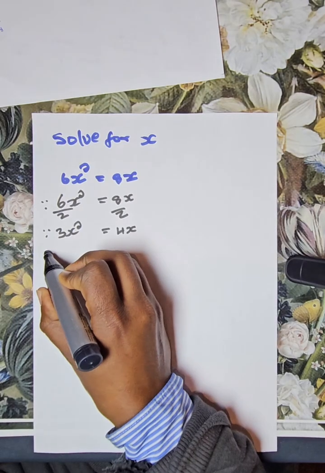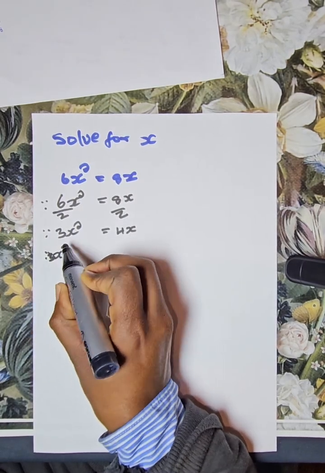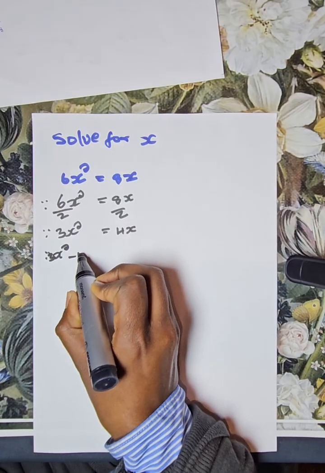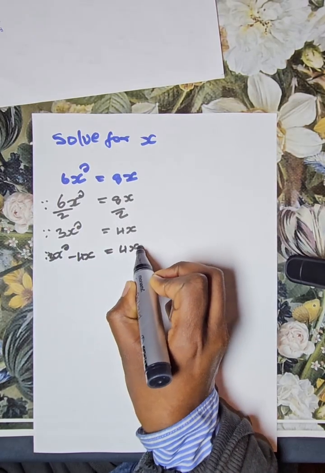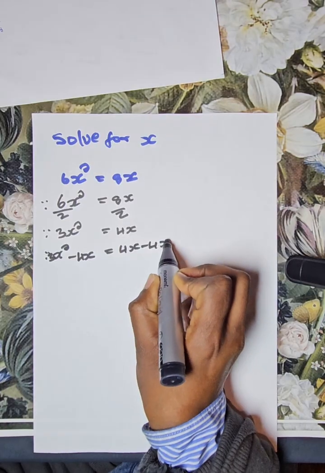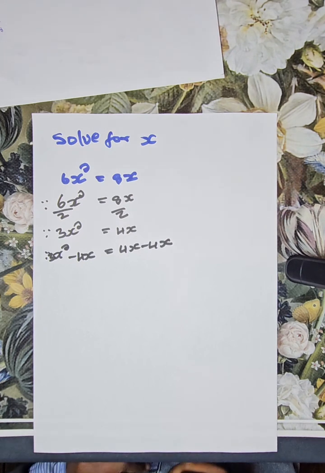Now our next step is to rewrite this expression in standard form. Therefore, we're going to say 3x squared minus 4x equals 4x minus 4x. When we say standard form, it means we must put the whole equation equal to 0.